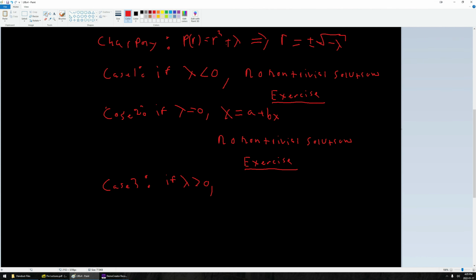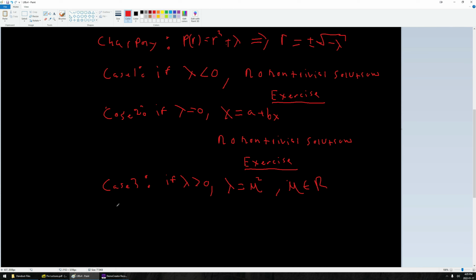We're going to start by making an observation that makes everything that follows a lot easier. Since lambda is greater than 0, I can introduce a new constant and let lambda be mu squared, where mu is just some real number. Since lambda is greater than 0, I can always do this, and it makes things cleaner.